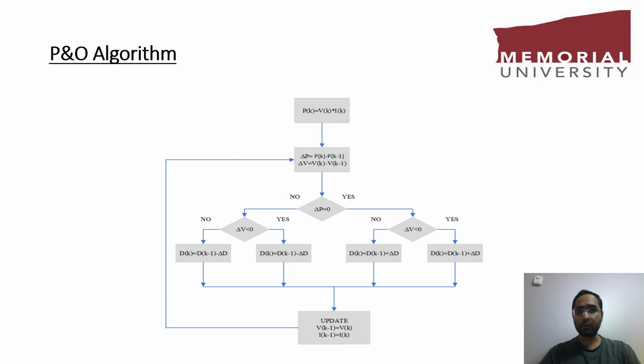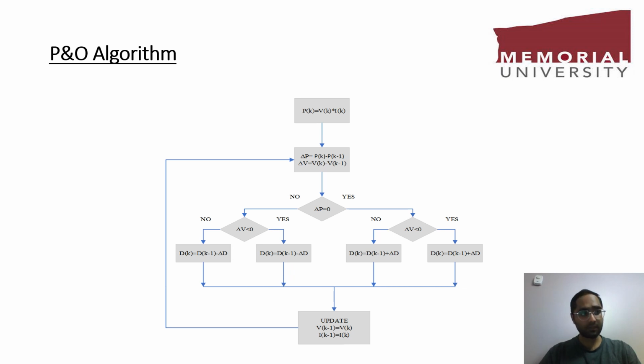If we talk about its flowchart, the algorithm compares the power and voltage at time k with the sample at k minus 1 and predicts the direction to approach the MPP, and a small voltage perturbation changes the power of the solar panel.